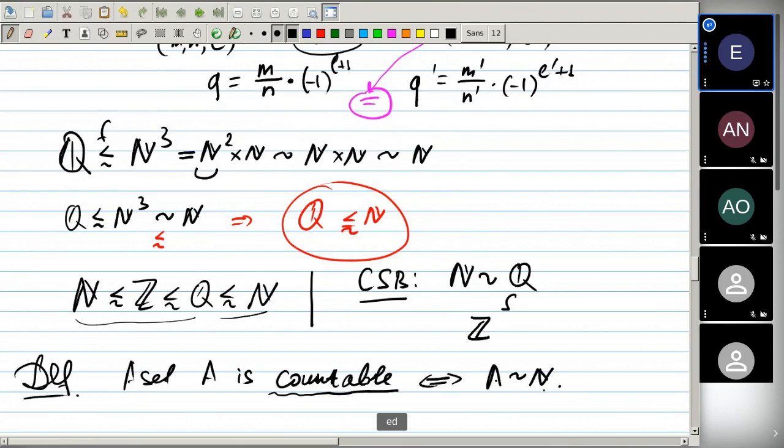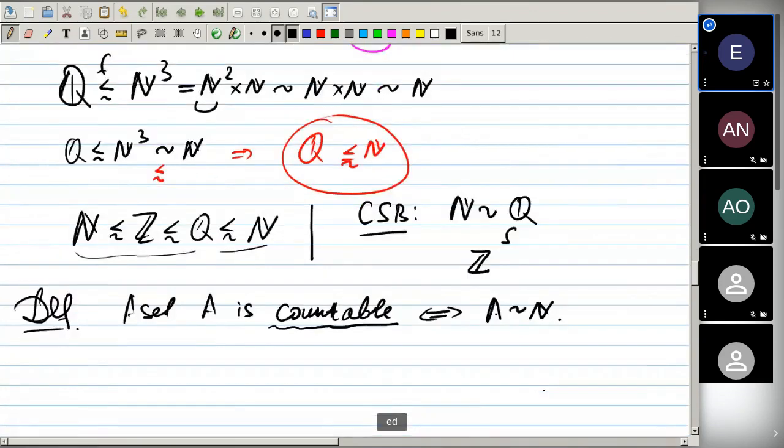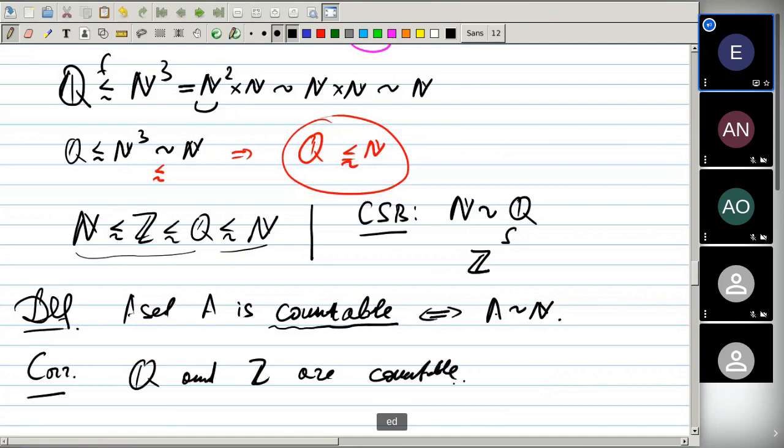Sometimes they also call finite sets countable, but we don't want to do that. A set A is countable if and only if it is equivalent to the set of all naturals. So now we see that Q and Z are countable sets. Is it clear?